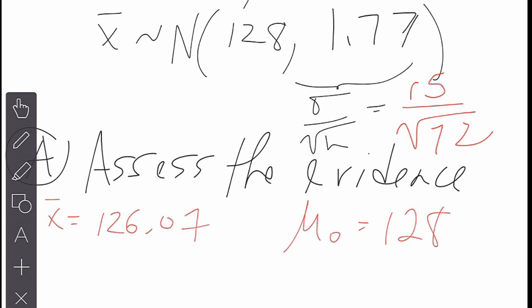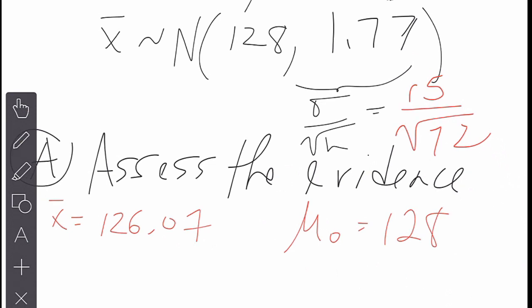The standard deviation is this value, right? So like within 2 standard deviations or even 3, you're going to catch this value. So they're going to be close together. So I have a sense that we're not going to find something special here. They're not going to be different, but we have to write it out formally. So let's assess the evidence.